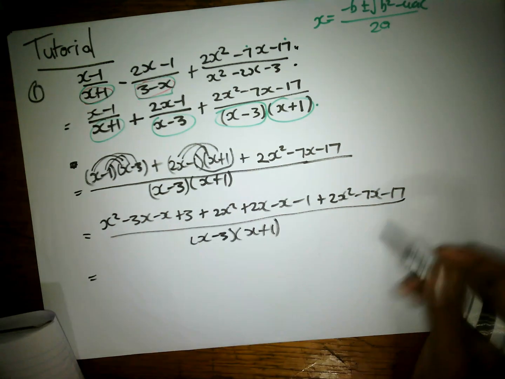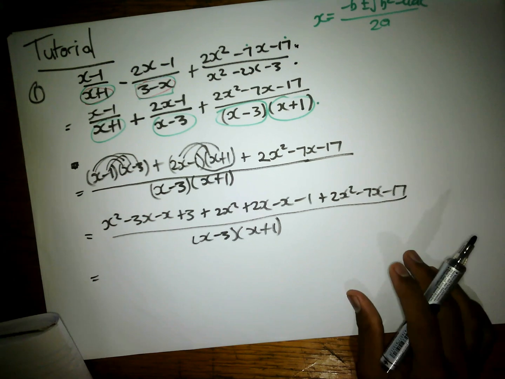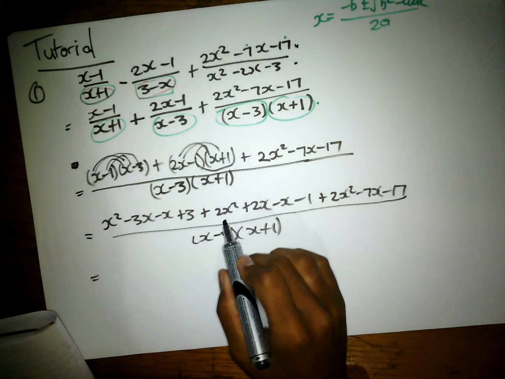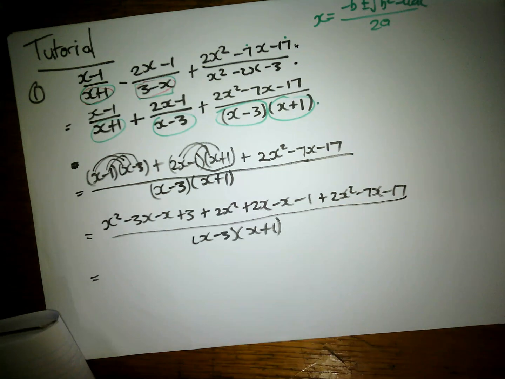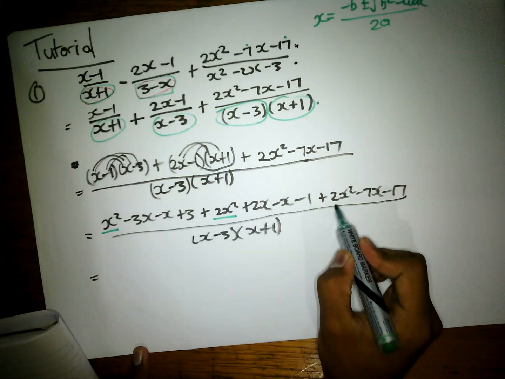What we do now is we simplify this. Okay, let's do it quickly. First we get all the like terms together. Here's the x squared, here's the x squared, that's the x squared.